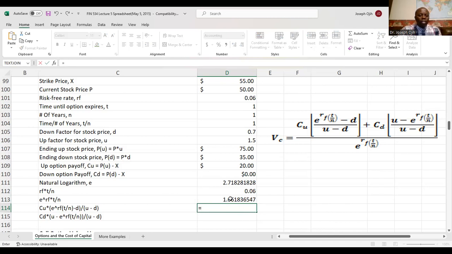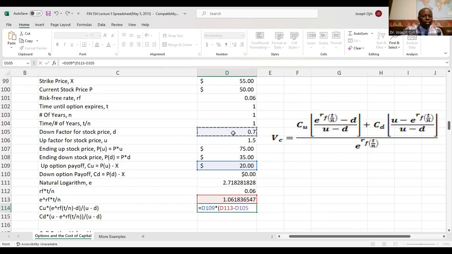Equal, and our CU is right here, which is the option payoff, $20, times, in parentheses, E raised to the power RF times T over N, which we'll have here, minus D, which is the down factor for stock price, which is right here.